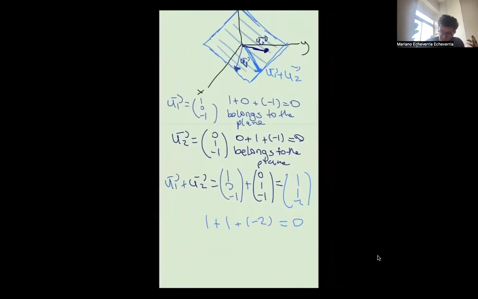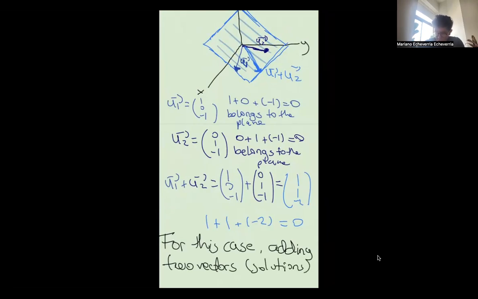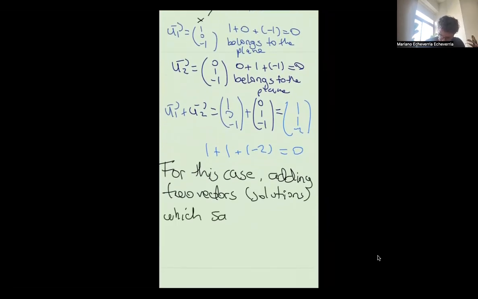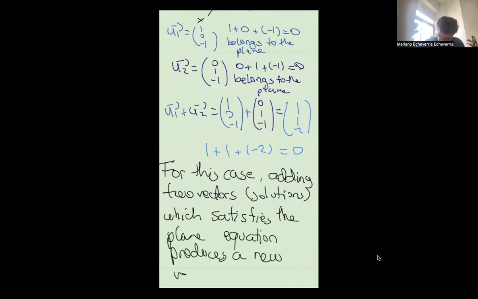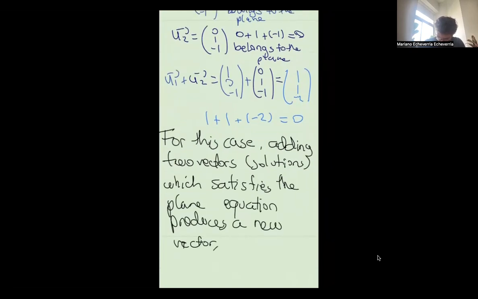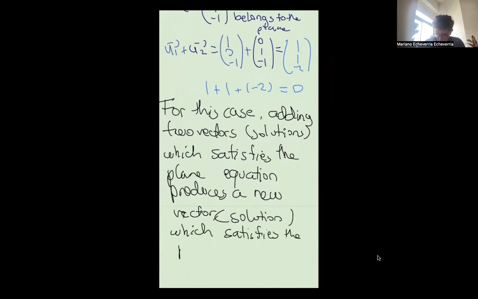So in this case, adding two vectors or solutions which satisfy the plane equation produces a new vector that does too.